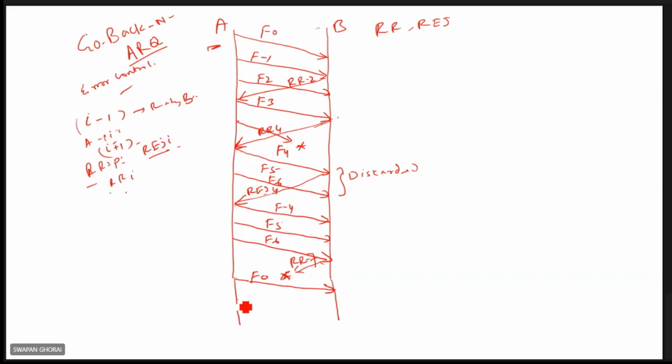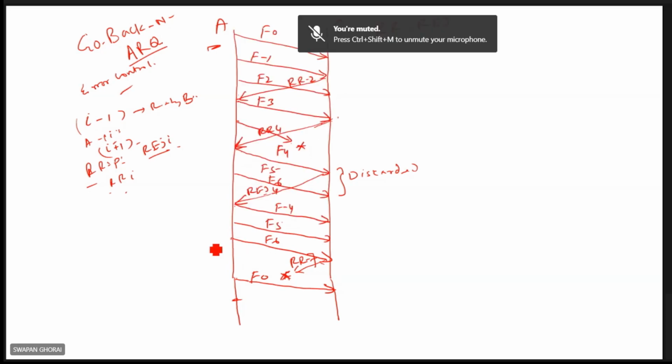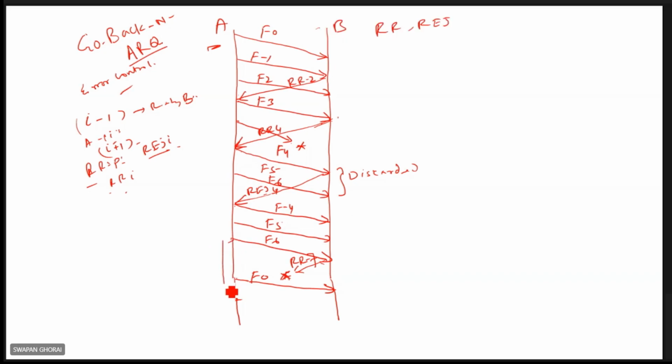So after a certain time, somewhere here, say when the time expires, after transmitting this F6, the timer runs out, so this is the timeout.